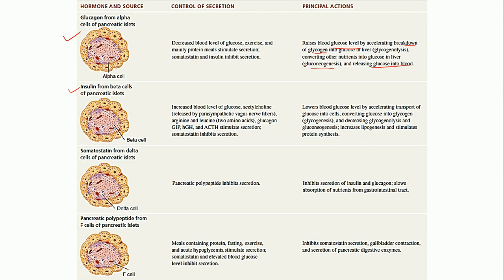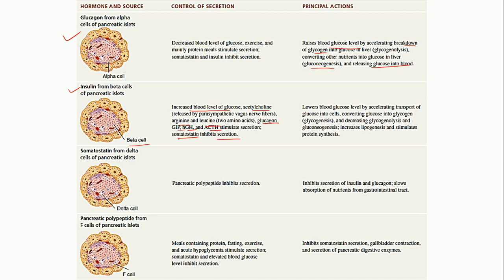Next hormone is insulin, produced by the beta cells. So it is secreted by increased level of blood glucose or acetylcholine, as we have seen just now, arginine, leucine amino acids. Then the glucagon also stimulates the release of insulin, and GIP, human growth hormone, and ACTH also stimulate the secretion, whereas somatostatin inhibits the secretion.